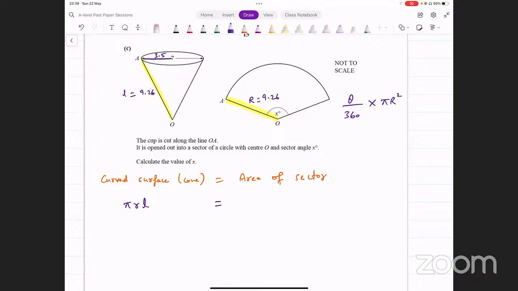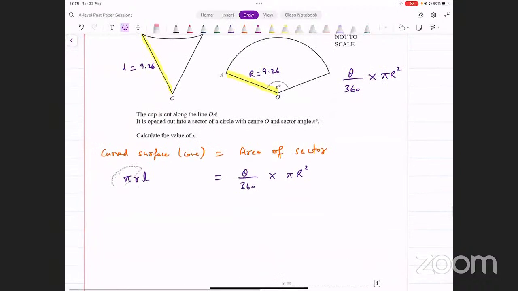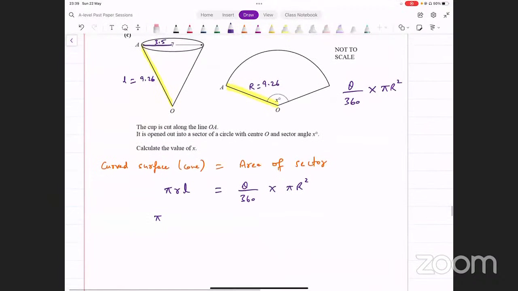So we say pi RL equals theta over 360 into pi r squared. Now we just have to input values. हमारे पास x आ जाएगा. ठीक है? अच्छा. Pi RL, let's input values here. Pi into the radius. Radius of the cone is 3.5.